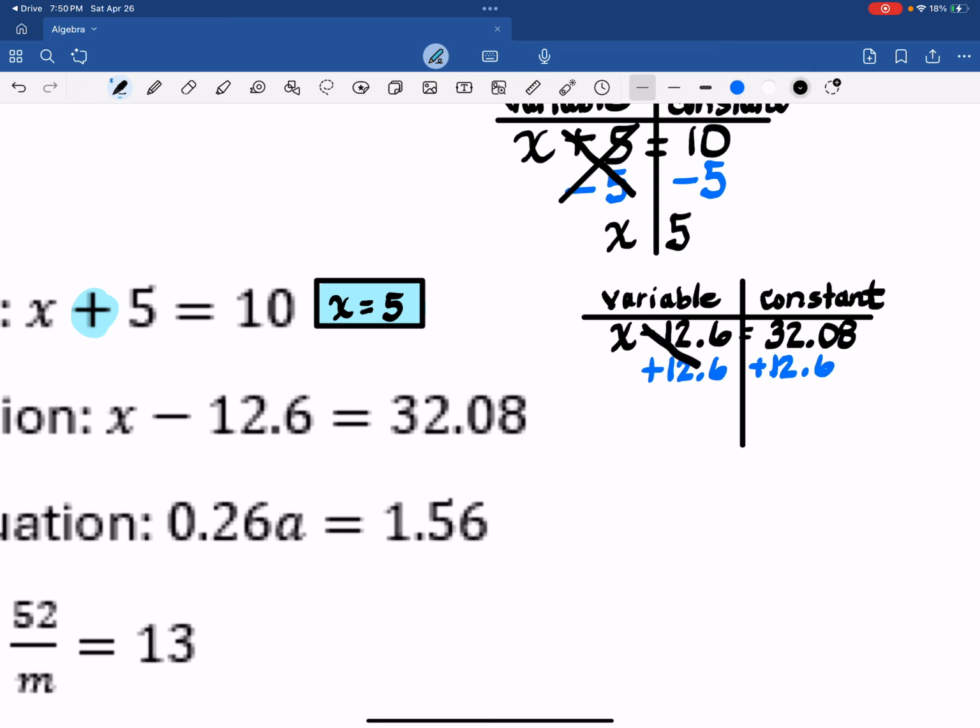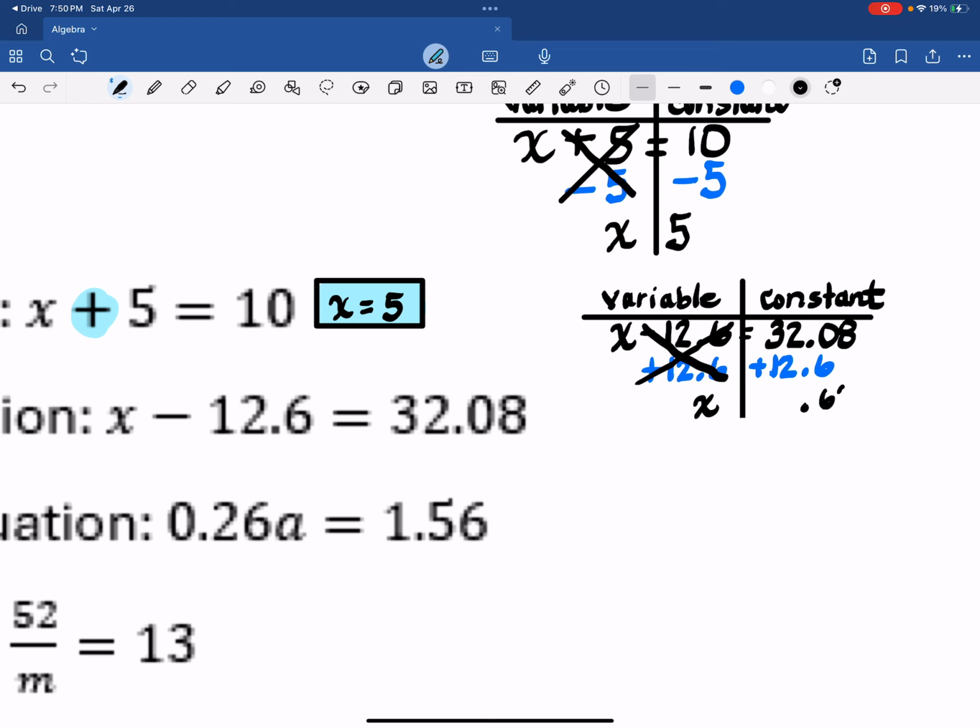And just like that candy I was eating, that set of terms is gone, leaving me with my x by itself. That's what I want. I need x to be all alone. And on the constant side, I have 32.08 plus 12.06.